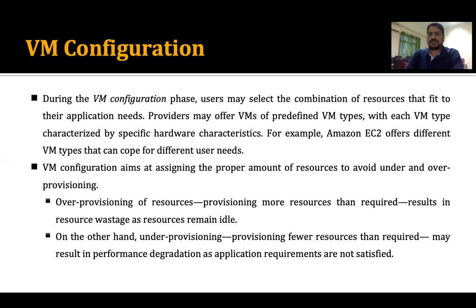Based on that, it will make the configurations, and then it will say to launch the instance, or launch my virtual machine. After that only, the placement will take place.